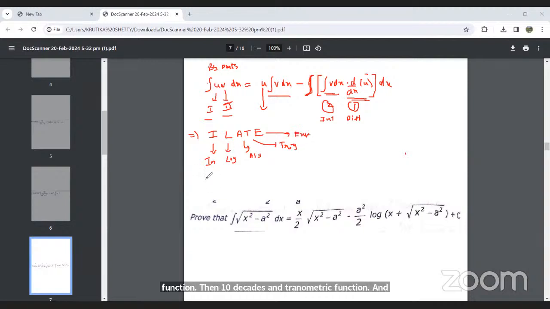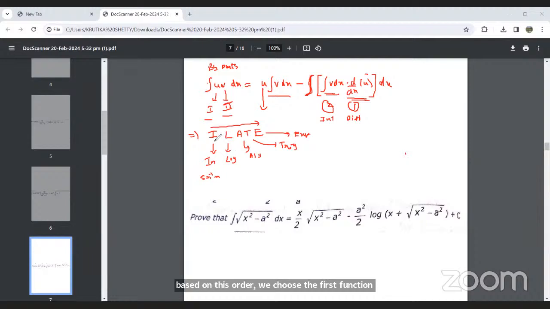So inverse trigonometric functions are sine inverse, cos inverse, all the six inverse trigonometric functions. Then log x. Algebraic functions are x raised to n, root x, such functions. Trigonometric functions are sin x, cos x. Exponential functions are a raised to x and e raised to x. This is the order we are following. Based on this order, we choose the first function and second function.